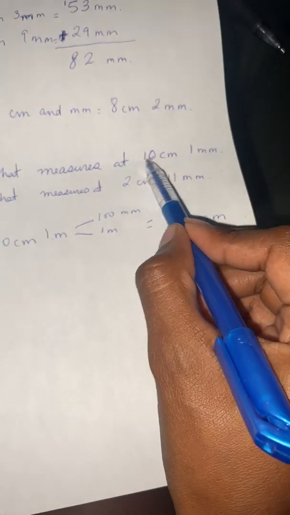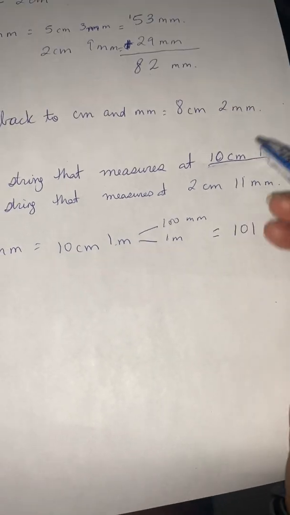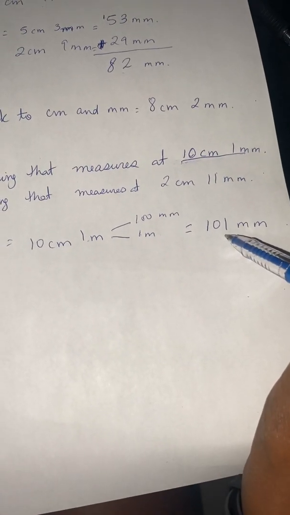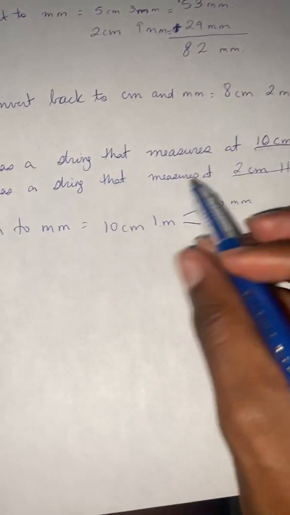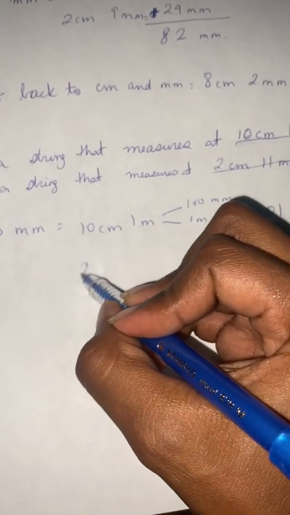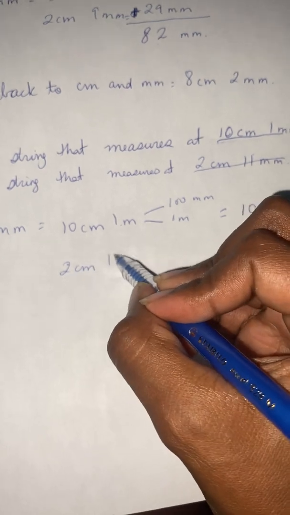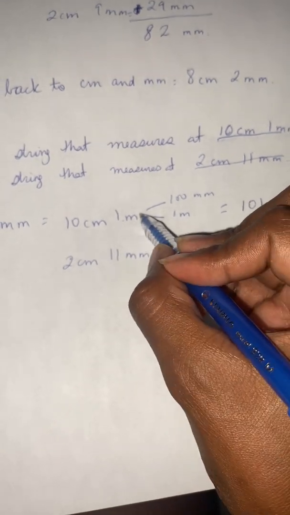So I converted this one to millimeter. So it's 101 millimeter. Now I need to convert this one to millimeter as well. So I'm gonna write that here. 2 centimeter 11 millimeter.